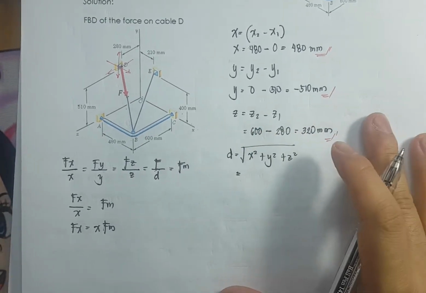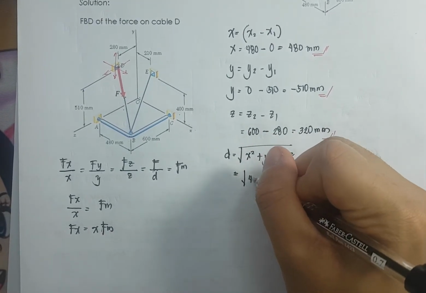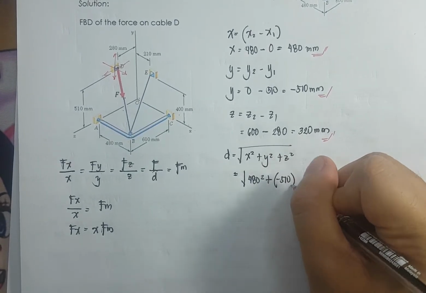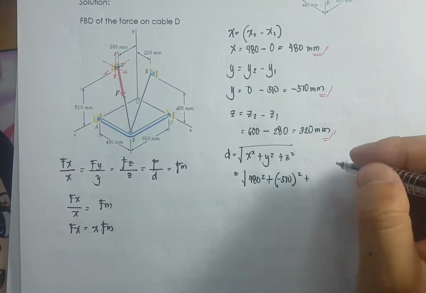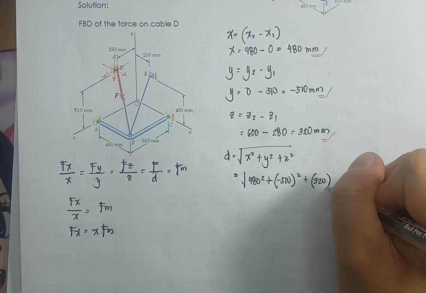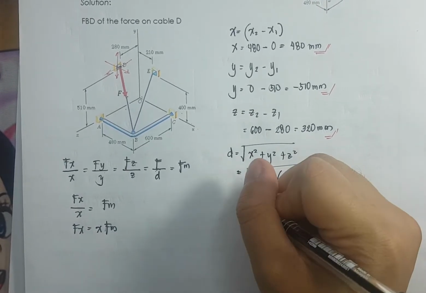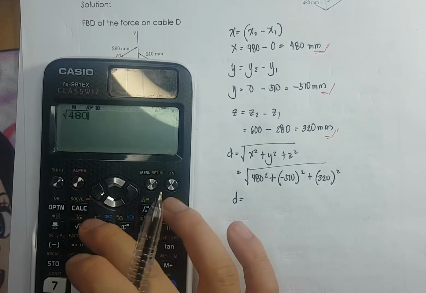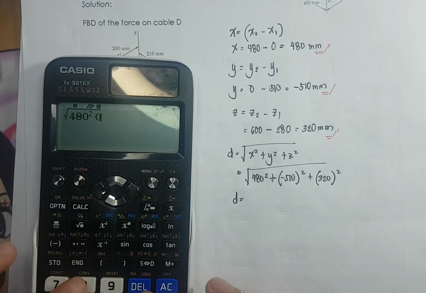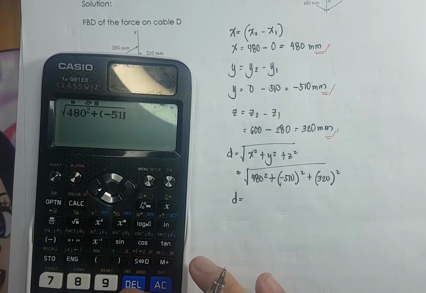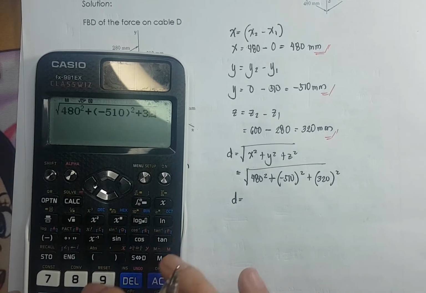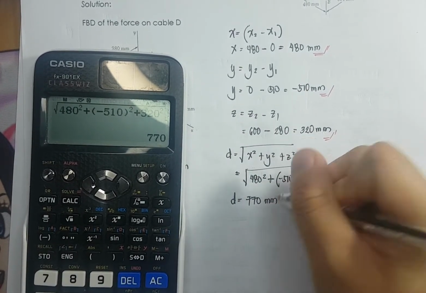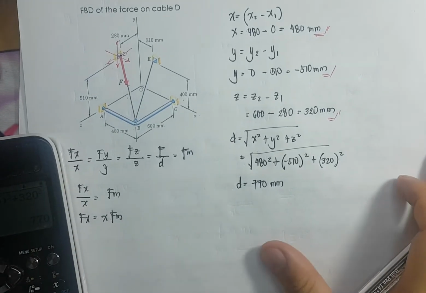Substituting the values, we have the square root of 480 squared plus negative 510 squared plus 320 squared. Therefore the distance d is equivalent to 770 mm.